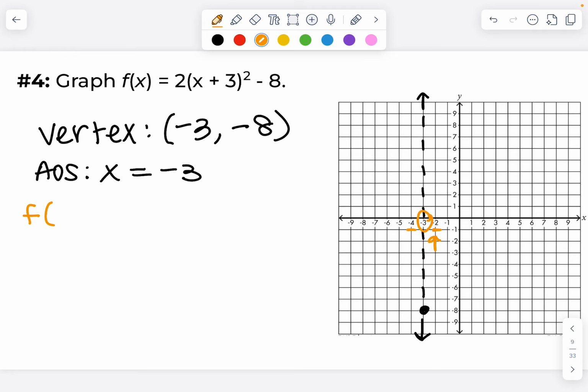You just go 1 to the left or right of the vertex in terms of the x value. I always go to the smaller number. So I'm going to find negative 2. If I plug negative 2 into this equation, I'm going to simplify that. Let me type that in my calculator real quick. You guys type that in your calculator.